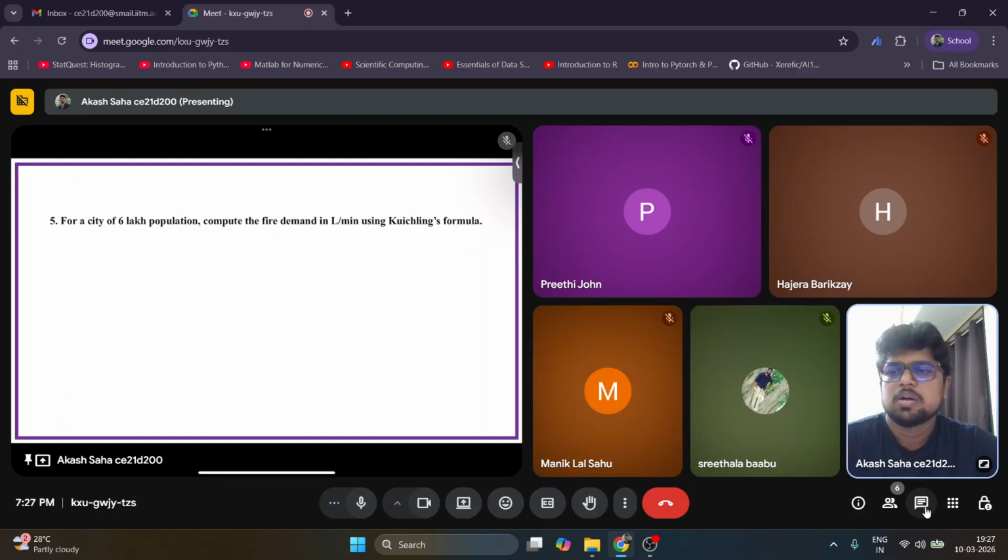Next, for a city of 6 lakh population, compute the fire demand in liters per minute using Kuichling's formula. I hope you know Kuichling's formula. For a city of 6 lakh population, what will be the fire demand?